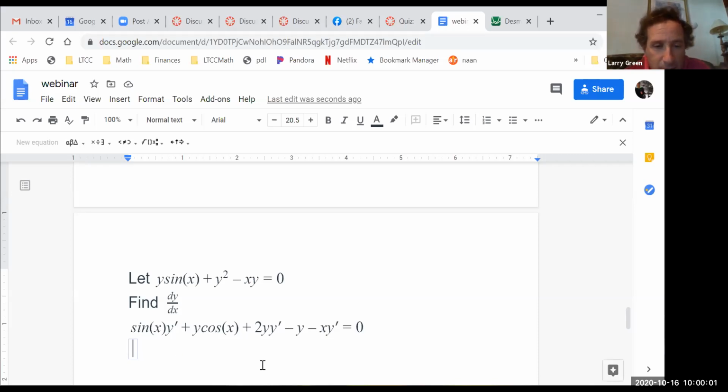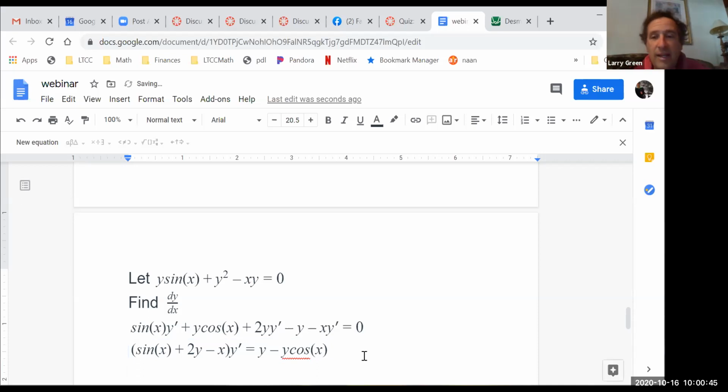So the y prime terms are going to be sine of x, and then we're going to have a plus 2y, and then we're going to have a minus x times y prime equals, and then we got to bring the other stuff over, and we get a y minus y cosine x. Any questions on that step?